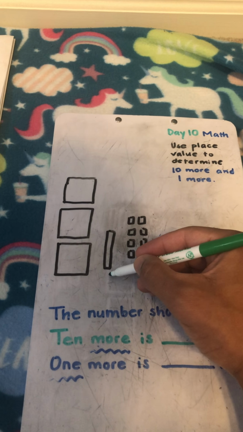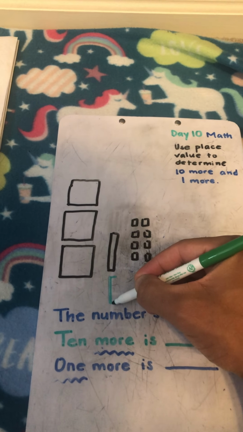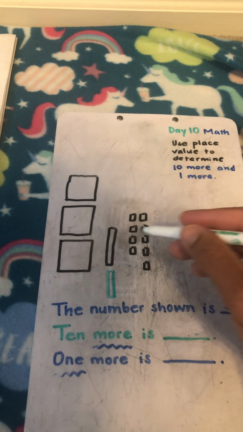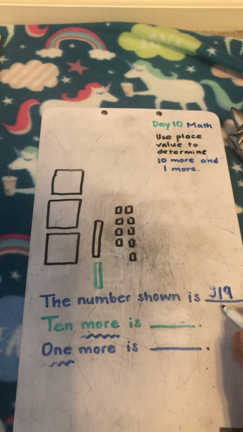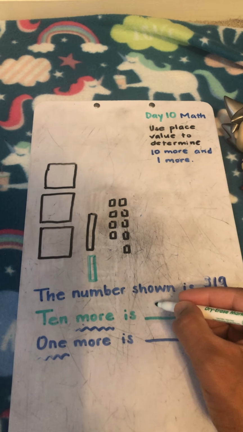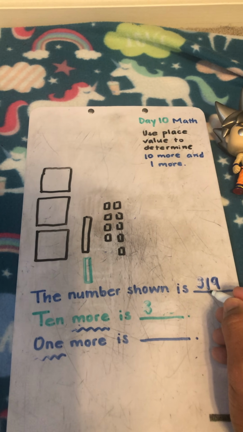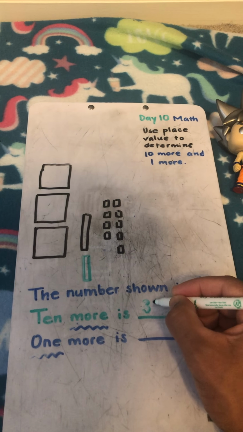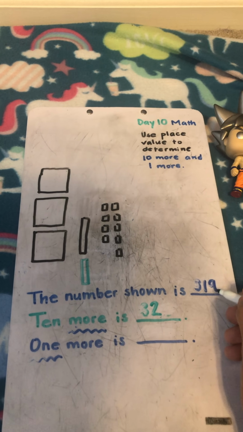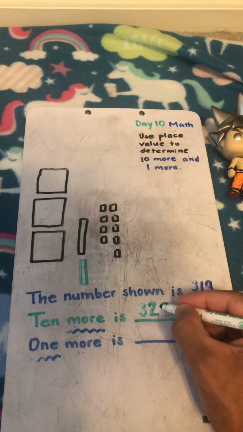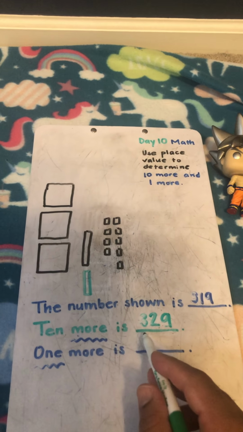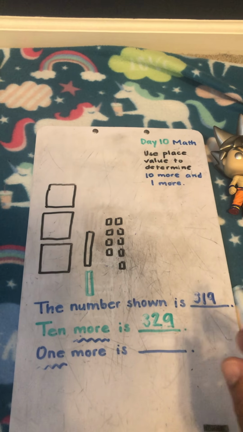Instead of having just one 10, we would have two tens. Our hundreds would be the same. We'd still have 300s. And our ones can stay the same. We'll still have 9 ones. 10 more is going to be 329.